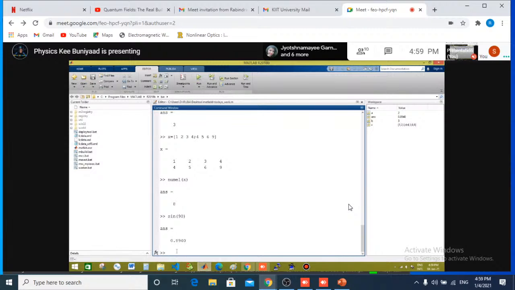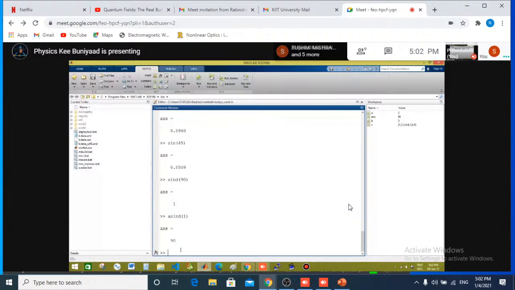asind means it will return you the inverse of sine in degree. So sine inverse 1 means it is 90 degree. If I simply write asin 1, then it will not return 90 degree because it will give you the result in radian.